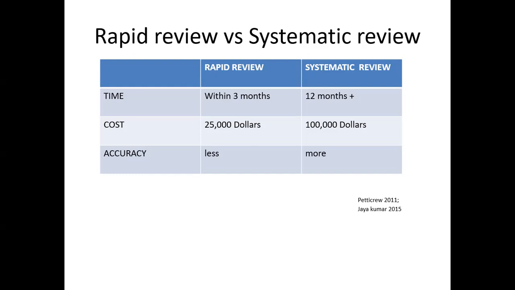It helps them to make quick decisions, then they spend less. On accuracy, for a rapid review the accuracy is a bit low because some steps in the process of the study were omitted. Okay, but the systematic review is more accurate. Let's continue.